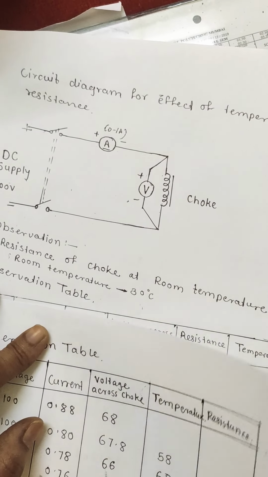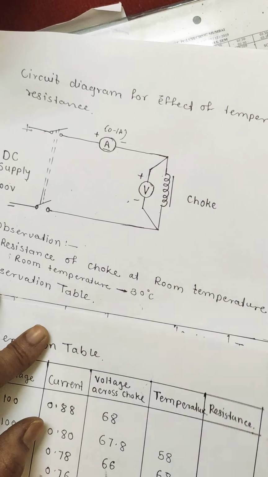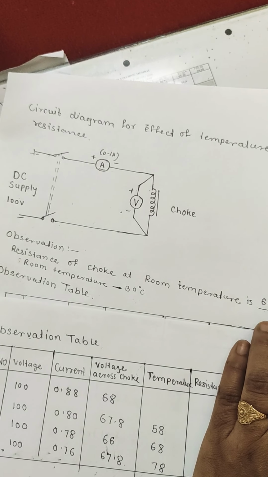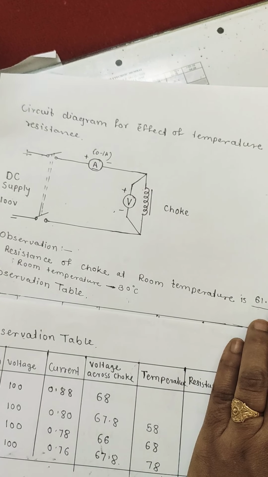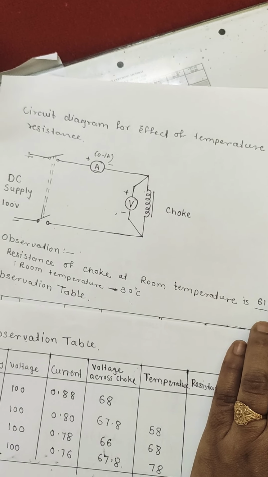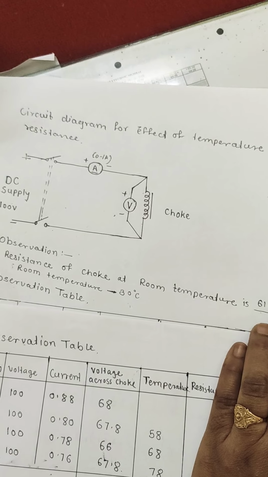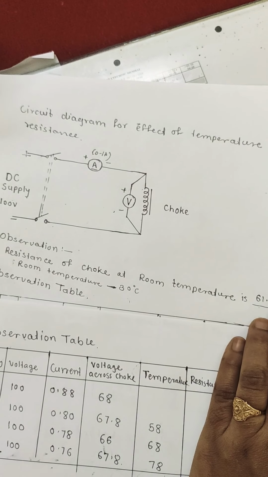So make the equation as I have told: RT is equal to R0 into bracket 1 plus alpha 0 into T. So at different temperatures, you can calculate the value of alpha 0 by using the two equations. The first one, R30 is equal to R0 into bracket 1 plus alpha 0 into 30, and the second equation will be as per the observation table. Thank you.